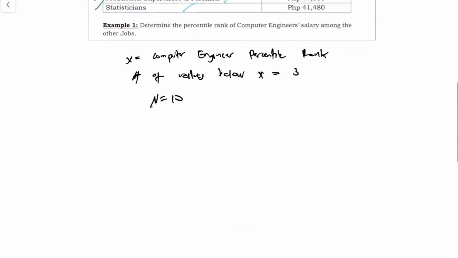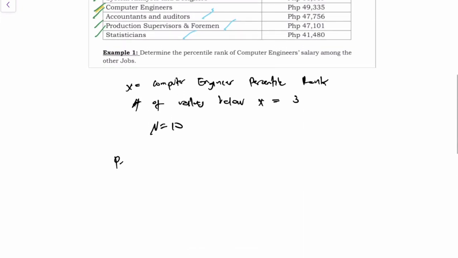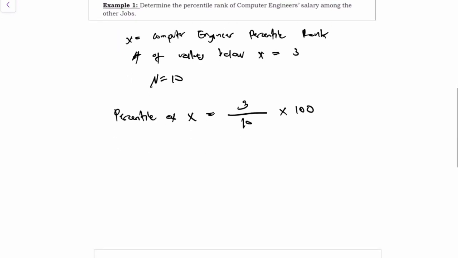So percentile of x, which is the job computer engineer, and the number of values below x is 3, and n is equal to 10 times 100. So this is equal to 30%.